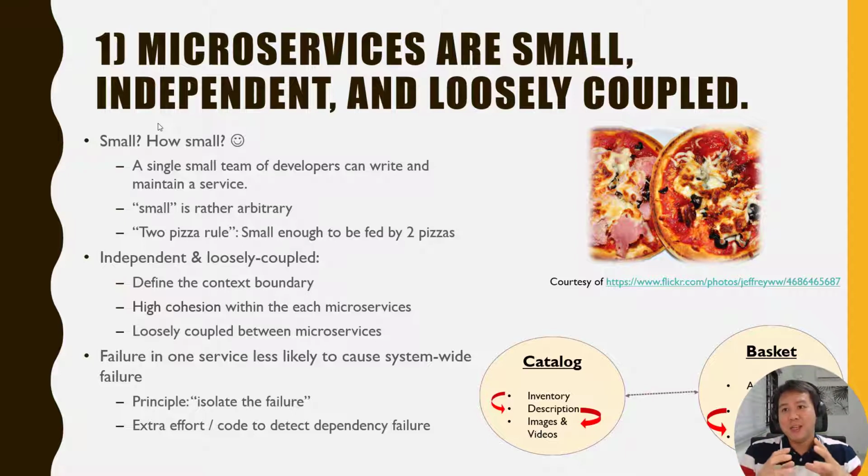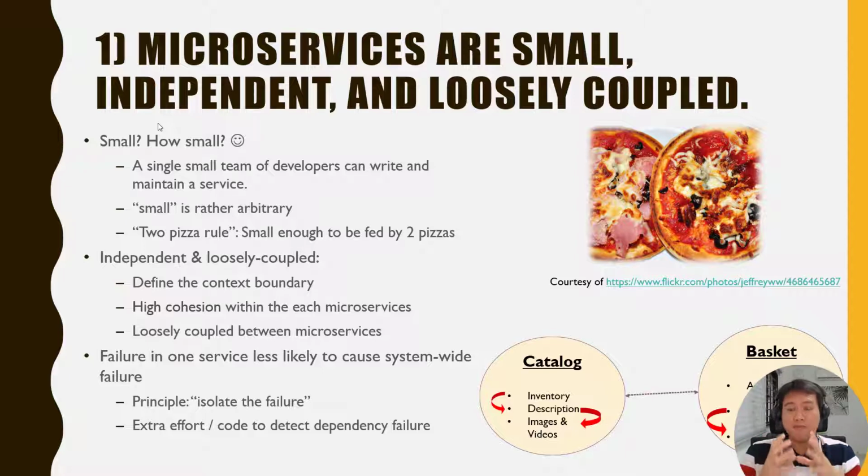So the next point is about independent and loosely coupled, and this is related to how you define the boundary between microservices. The two important rules of thumb that you need to adhere to are, first of all, it is perfectly fine to have highly cohesive interaction within the microservice itself, but we need to maintain loose coupling between a number of different microservices, right?